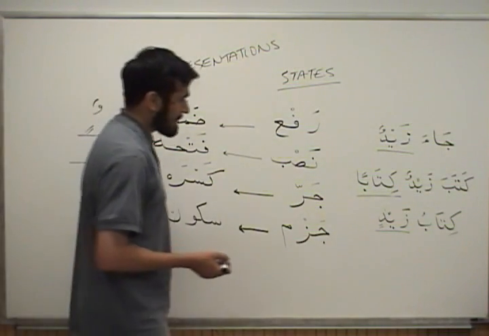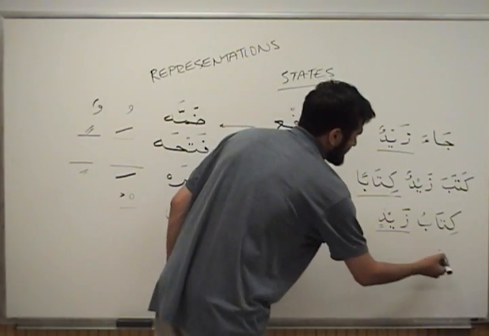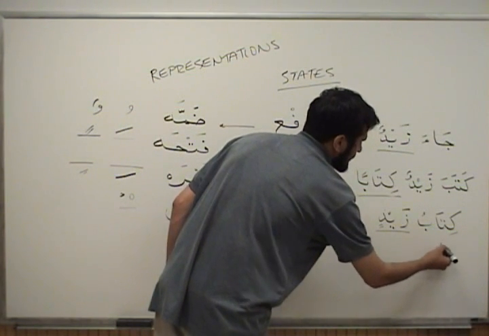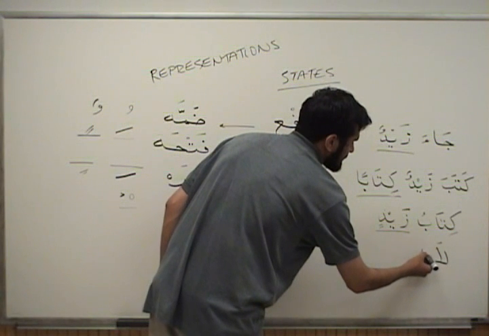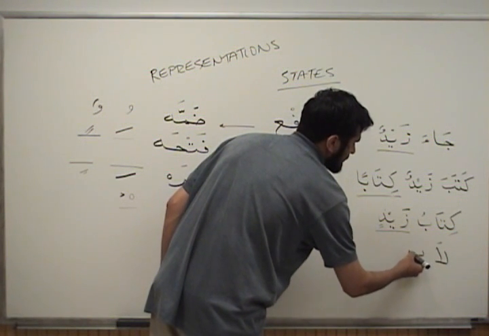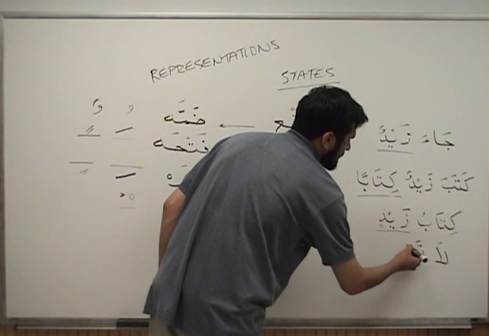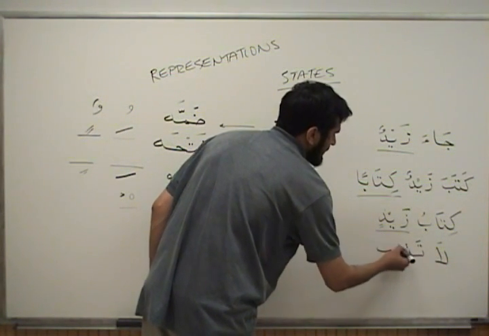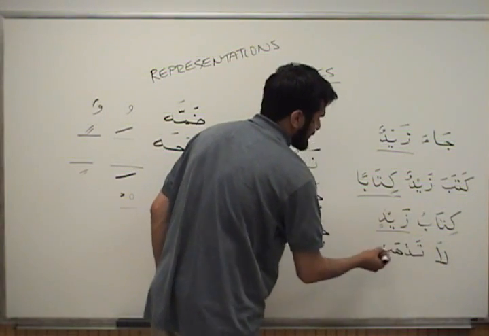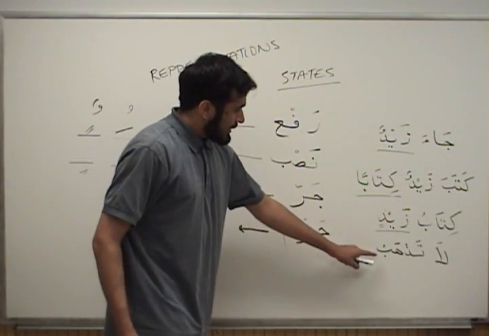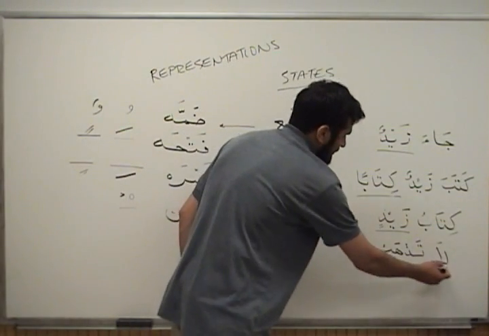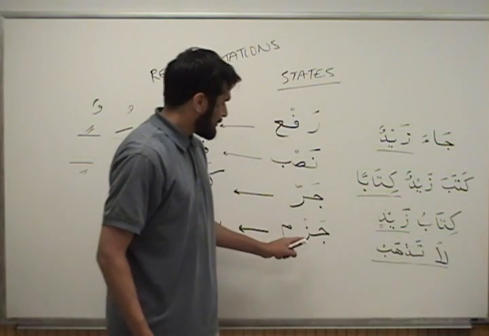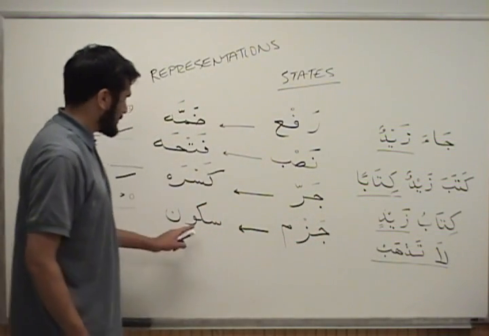And lastly, an example of jazm. لا تذهب, which means don't go. So over here, this فعل لا تذهب at the end has a state of jazm, and it is represented using a sukun.